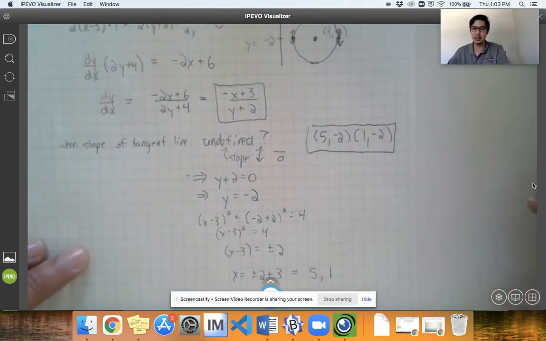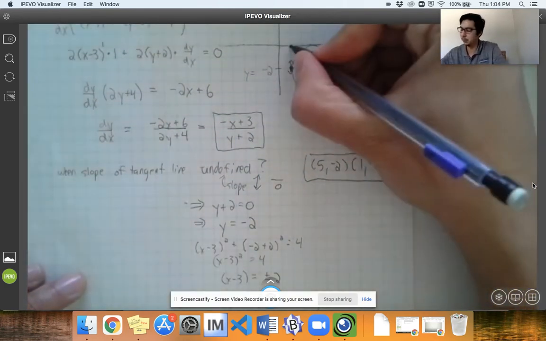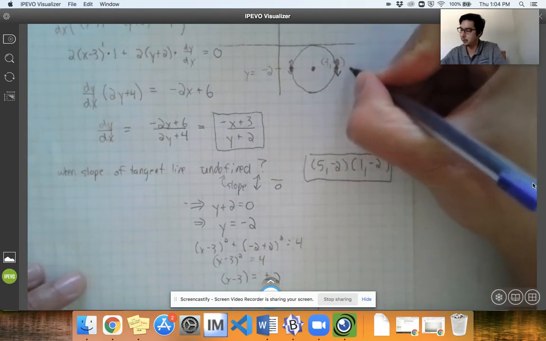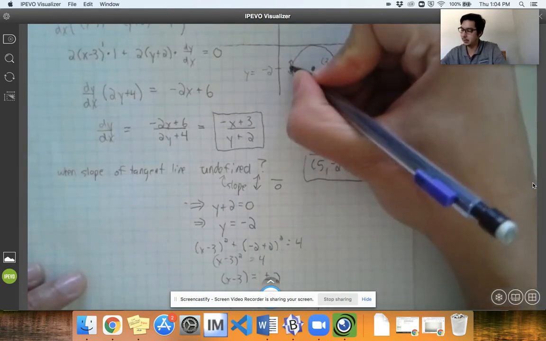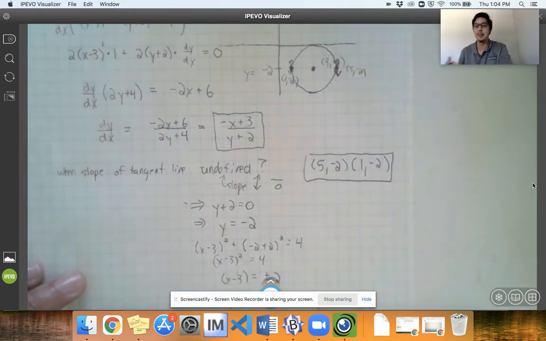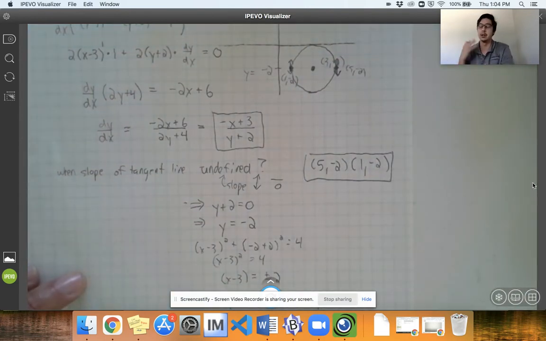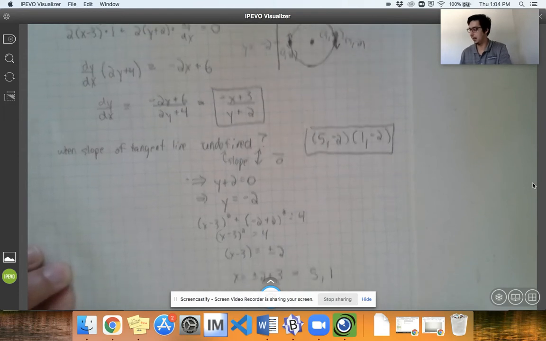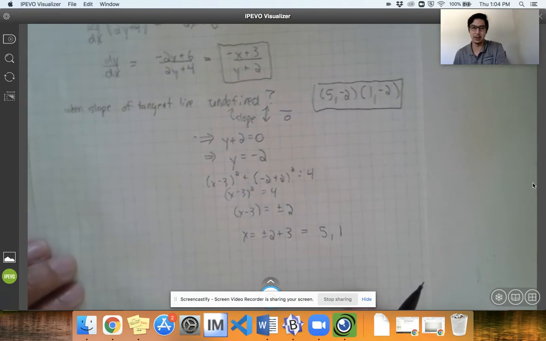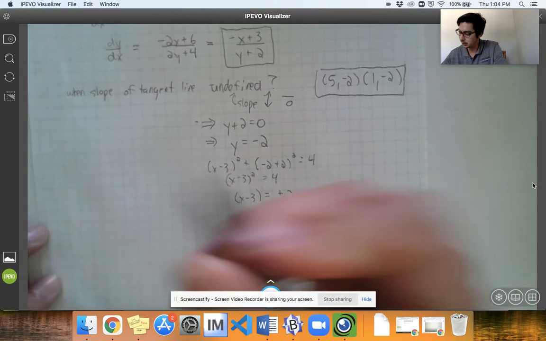And we can see from our picture that that aligns perfectly with what we believe. 1, 2, 3, 4, 5, -2, the slope is undefined, and at (1, -2), the slope is undefined. And now we have the algebra to back up what our visual eyes believe the answer to be. Very good. And then a follow-up question, if I was to go on this, is let's say, when is the slope of the tangent line?